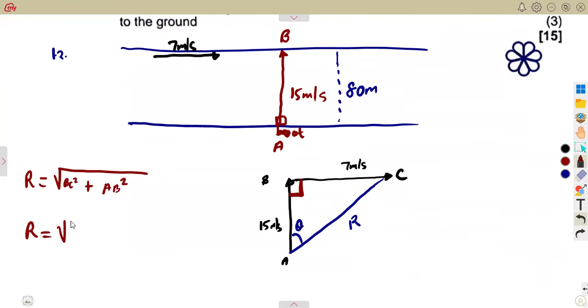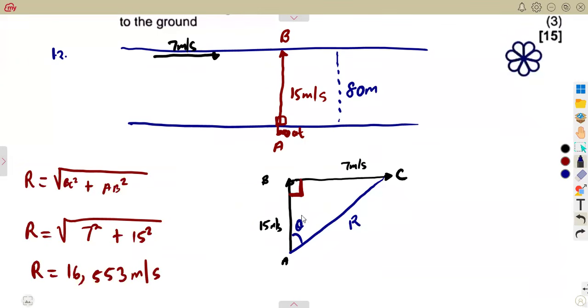So R is equal to the square root of 7 squared plus 15 squared. That is going to give us the resultant. If you were to simplify, R was going to be 16,553 meters per second.